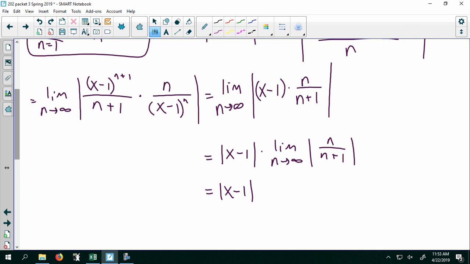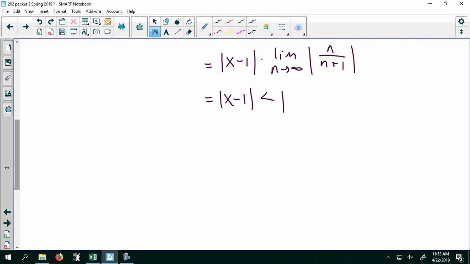And then to get convergence, the ratio test says that this limit that we're taking has to be less than 1. So I set that less than 1 and translate. That means that x minus 1 has to be trapped between 1 and -1. Add 1 to all three sides of this equation, and you get 0 is less than x is less than 2.